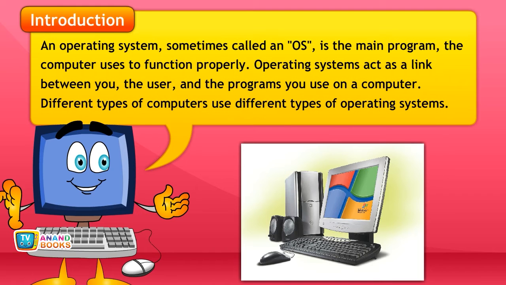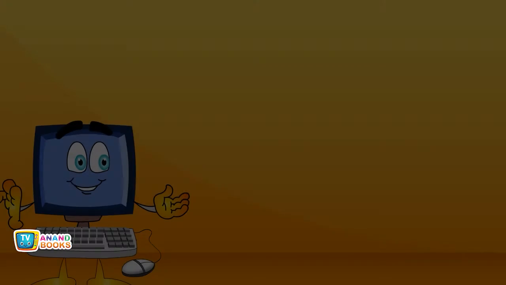Introduction. An operating system, sometimes called an OS, is the main program the computer uses to function properly. Operating systems act as a link between you, the user, and the programs you use on a computer. Different types of computers use different types of operating systems.